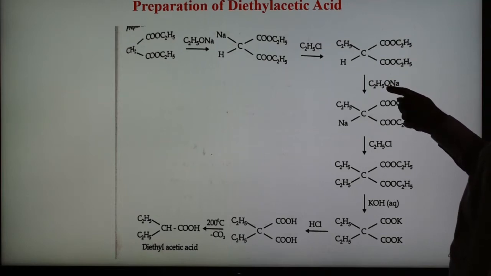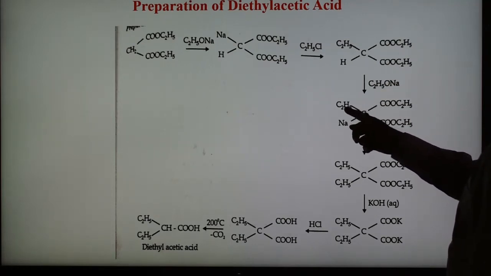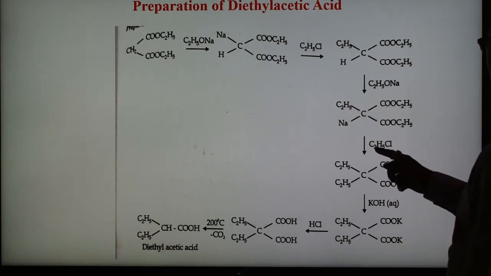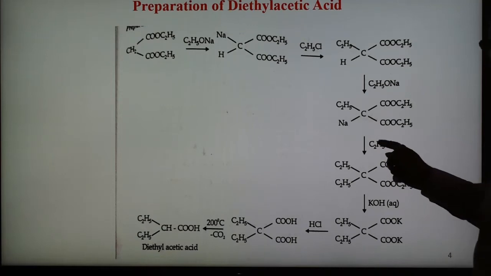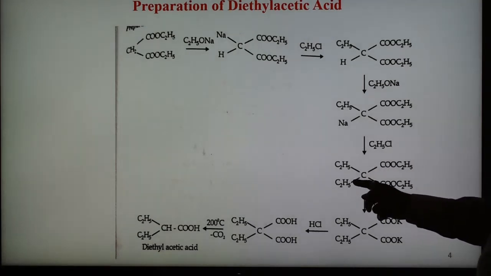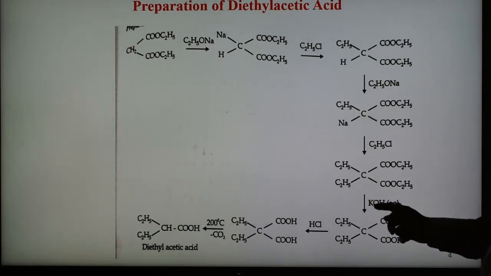After that, another sodium ethoxide again forms the negatively charged ion, sodium is attached here, and then a second molecule of C2H5Cl, ethyl chloride, reacts, the ethyl group attaches to this carbon and Na is replaced. In this way the 2 ethyl groups are attached to this carbon, and after that there is hydrolysis with KOH.